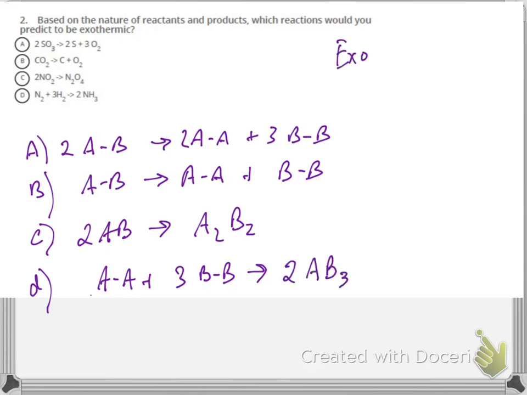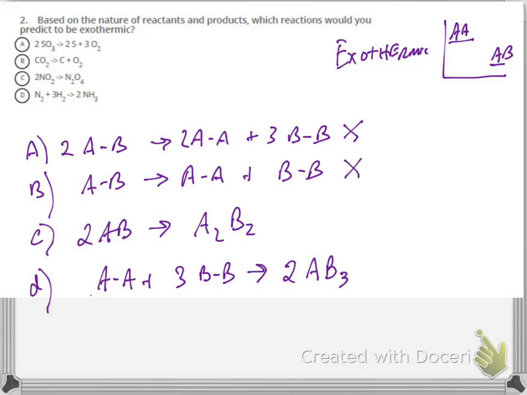And why do we want to do this? Because the general exothermic reaction is going to have AA and BB as reactants and AB as products. An endothermic reaction is going to have AB as reactants and AA and BB as products. So if we're looking for exothermic reactions, A can't be true because AB is a reactant instead of a product.